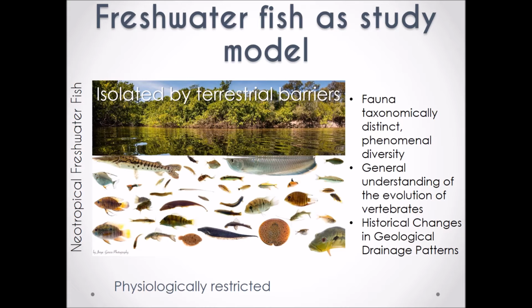So, we have fauna taxonomically distinct. We also have phenomenal diversity of fish fauna. Studying freshwater fish, we get a better understanding of the evolution of all of the vertebrates. Also, we improve our understanding of historical changes in geological drainage patterns.